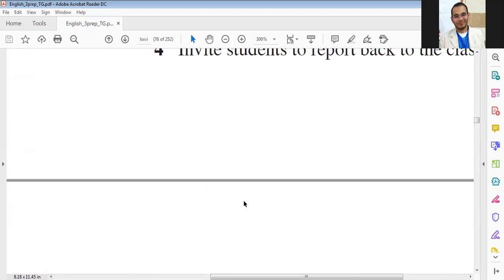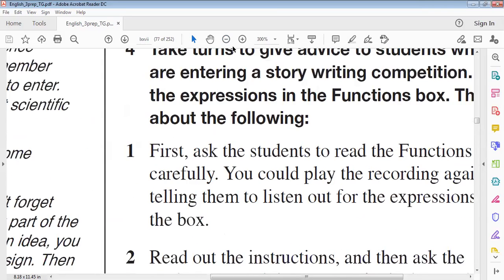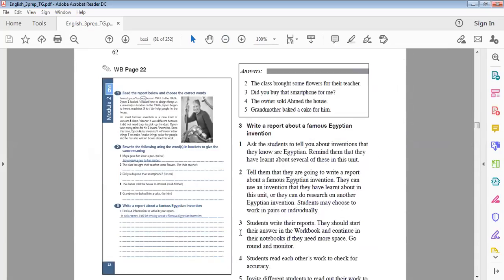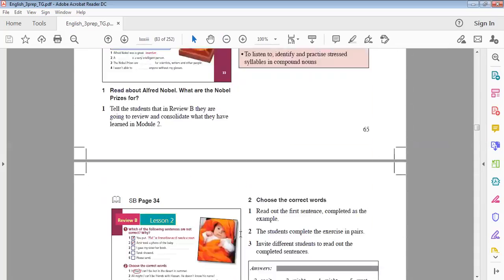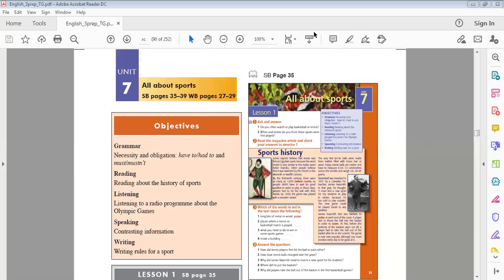After that, Unit 7, on page 35. So Unit 7 here, the title of Unit 7 is All About Sports.